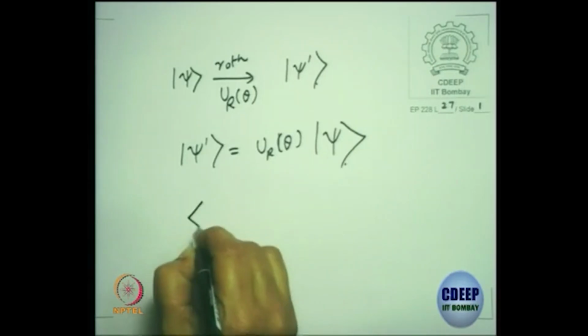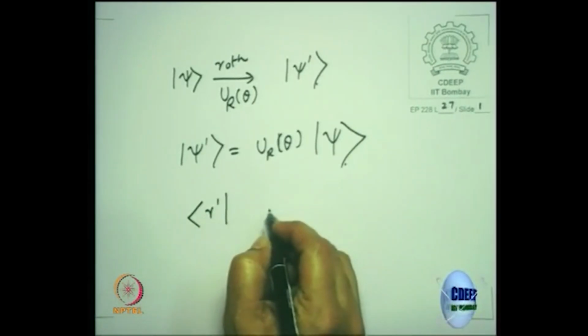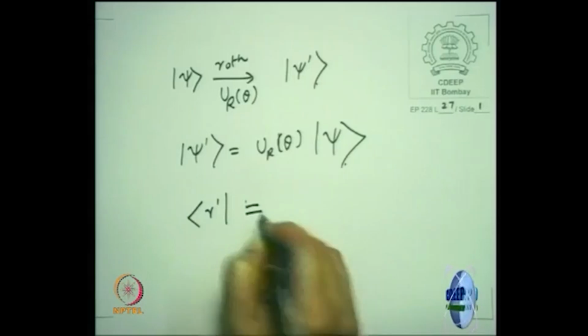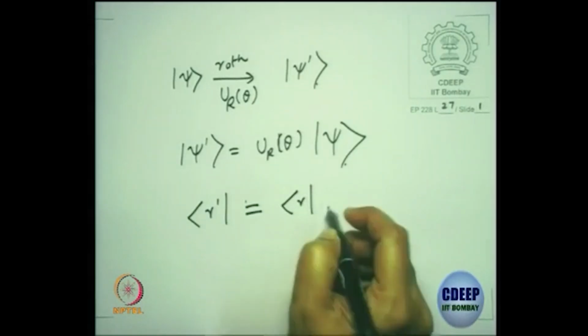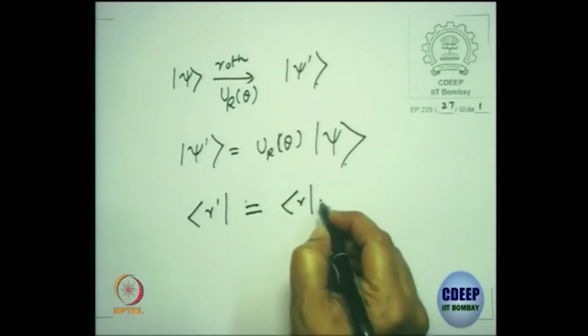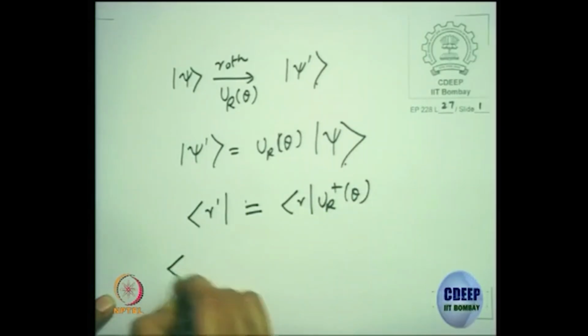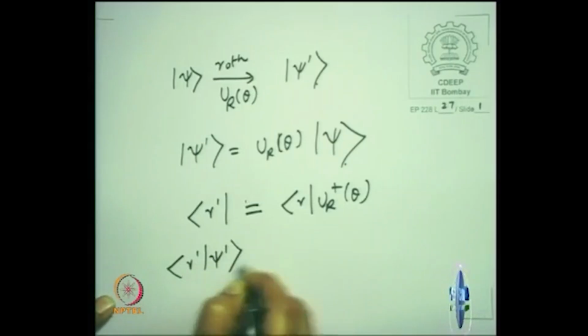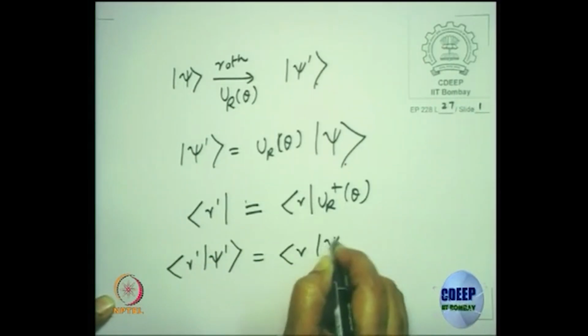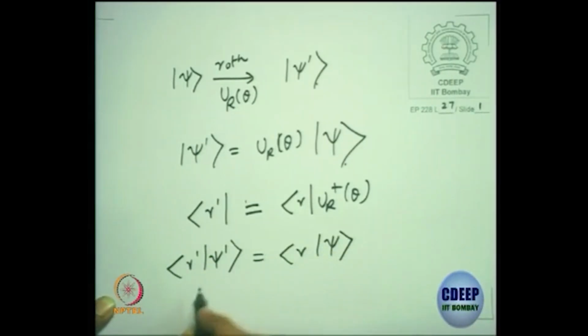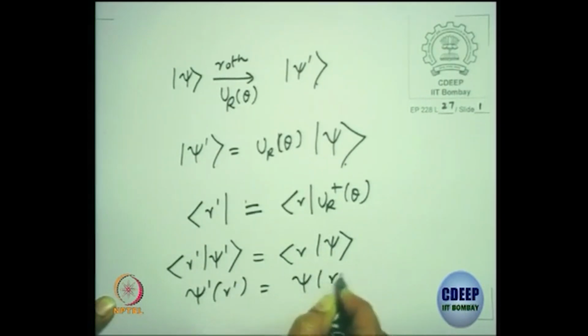Similarly, I could also write r prime in the position basis, which is U dagger of theta. So what will r prime psi prime be? It is psi prime of r prime equal to psi of r.